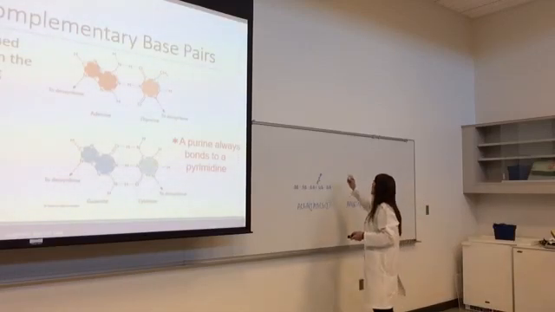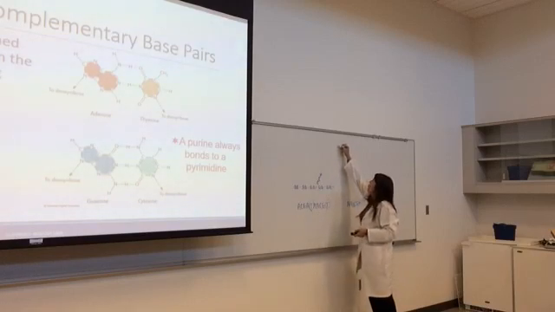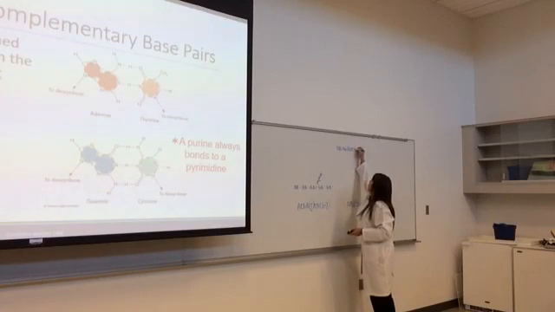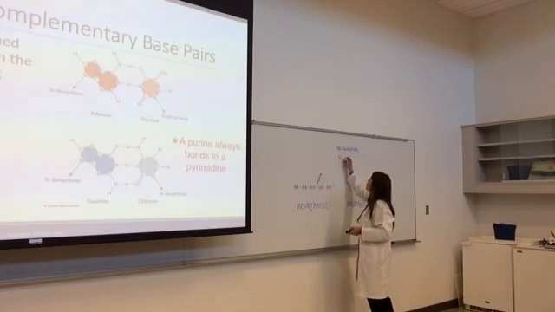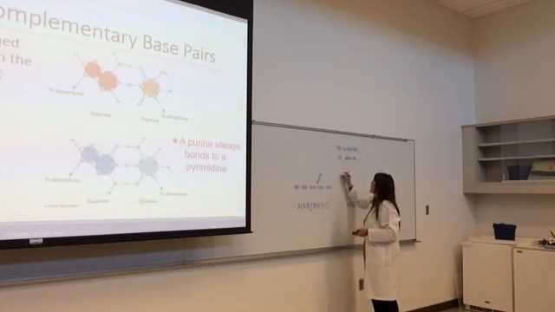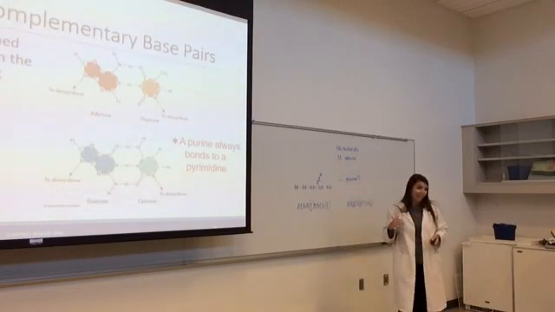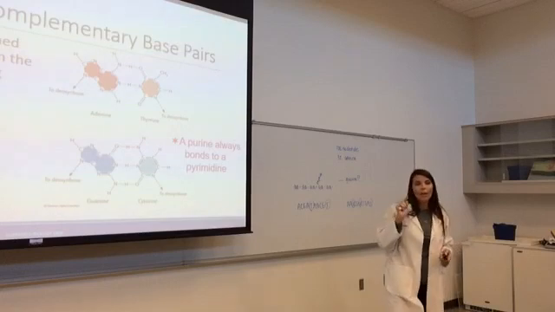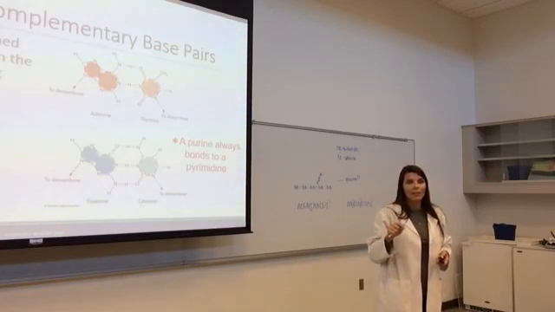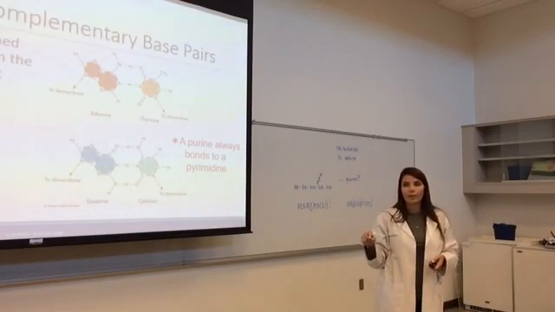Second thing is, a question may say you have 100 nucleotides, and of those nucleotides, 32 are adenine. How many guanines do you have? If you have 32 A's, what do you already know?